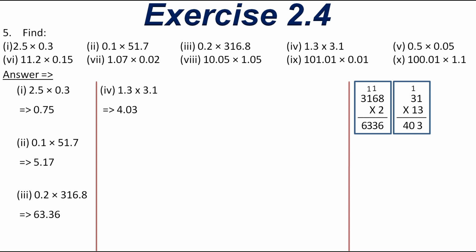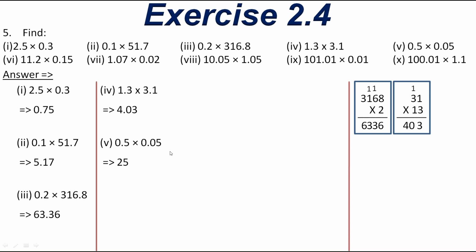Okay. Next we have 0.5 into 0.05. Okay, 5 5s are 25. Right. We forgot the decimal point and just multiply the numbers. Then I got the answer as 25. Now here in the first number we have a decimal point before 1 digit, and in the second number we have decimal point before 2 digits, right? So the 1 plus 2 is 3.